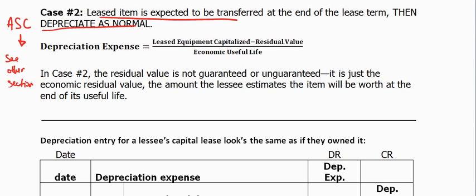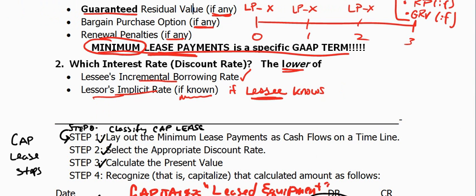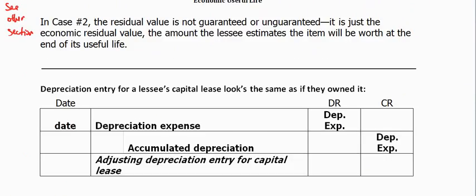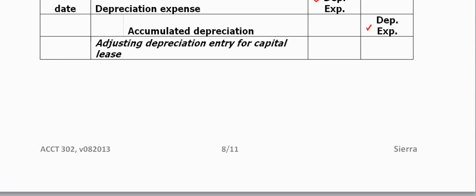Okay? And then there's nothing new here in terms of the entry. You're going to have depreciation expense and accumulated depreciation. It's just how you calculate this number is changing a little bit because of the lease depreciation rules.